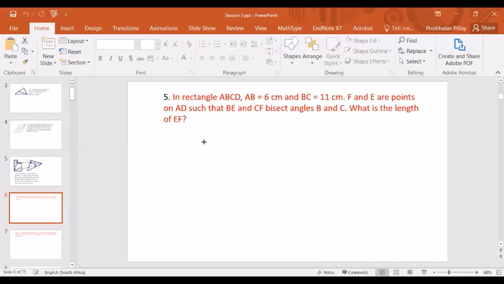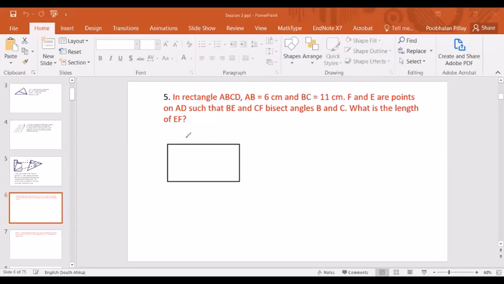So you draw a rectangle. And the rectangle is named as ABCD. BC is the longer part.